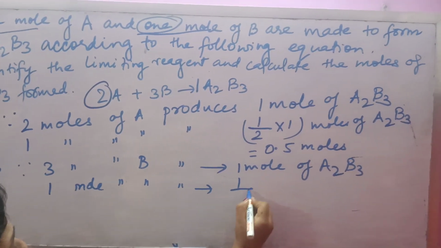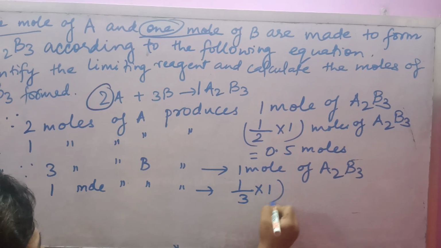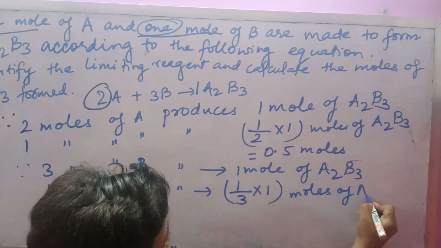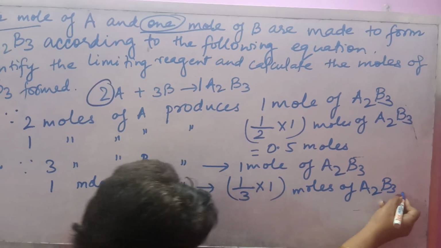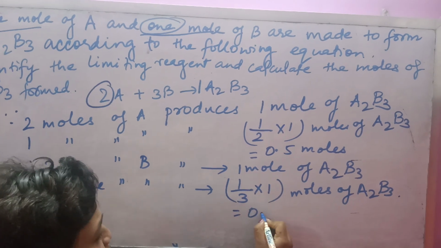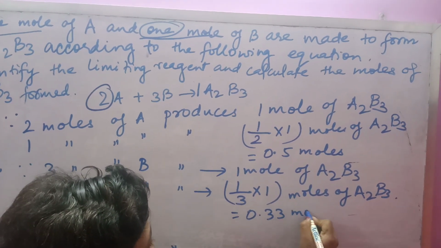It is 1 by 3 into 1 moles of A2B3. This is a very simple calculation. 1 by 3, all of you know, is 0.33 moles.